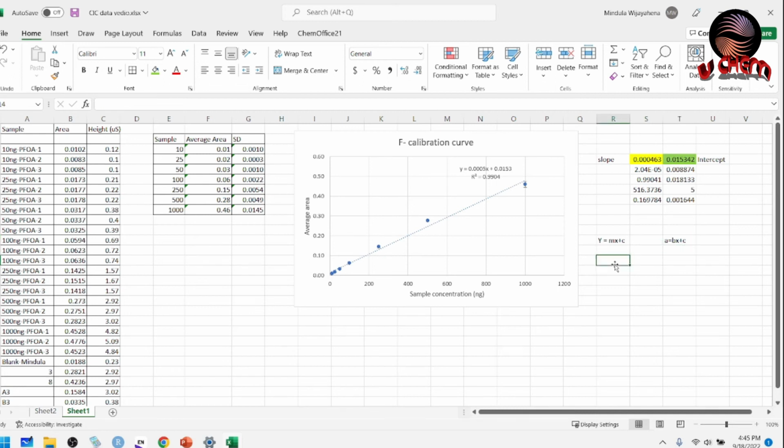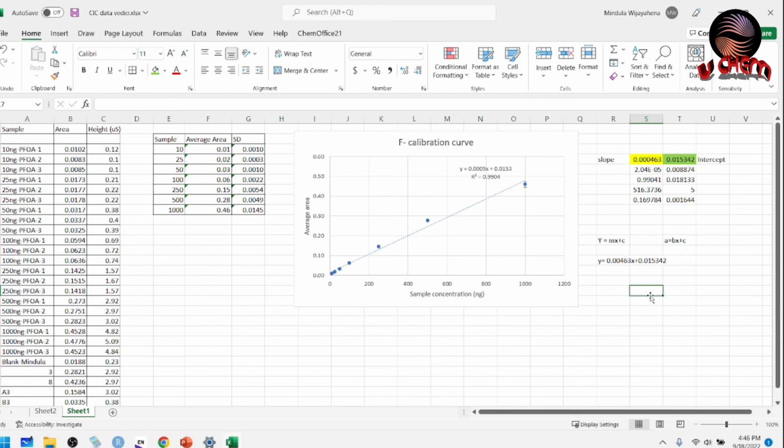So it doesn't matter. So here we have y equals 0.00463 x plus 0.015342. So that's the equation we have now.